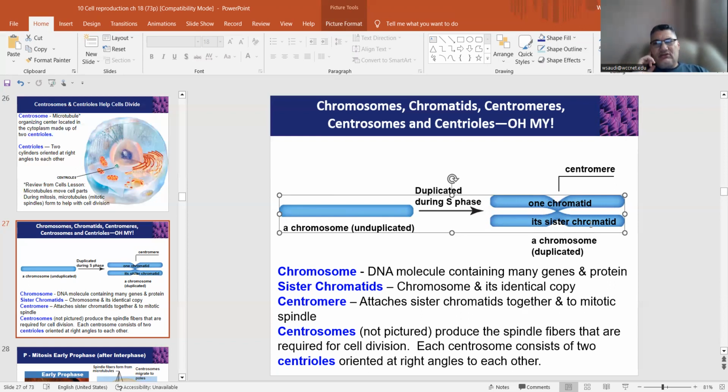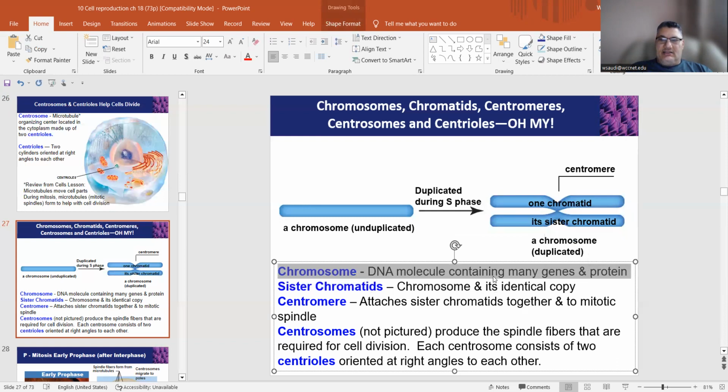Why did you call it chromatid? Because it's not a full chromosome yet. It's not ready yet. It's just a chromatid, and when they separate and it becomes a complete chromosome, we call it a chromosome. So chromosome is the DNA with the genes around protein called histone, and these are the sister chromatids, an identical copy, but not separated. You make a copy, they did not separate yet.